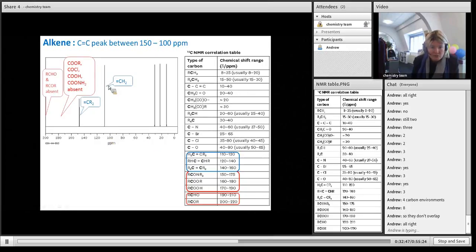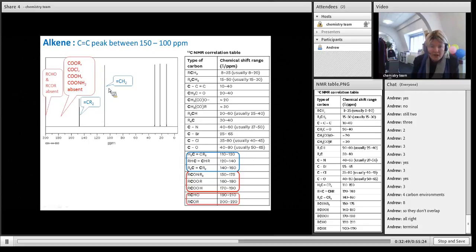This is around about 110, in fact it's around about 109. So we know that's attached to 2 hydrogens, it's more shielded, so it's gone up. This one is more de-shielded, that's right, this is a terminal alkene. This one has got 2 alkyl groups attached because it's over 140. The ones that have got a hydrogen attached as well as an alkyl group tend to be in this middle range over here. So it tells you a lot about the alkene, what it looks like.